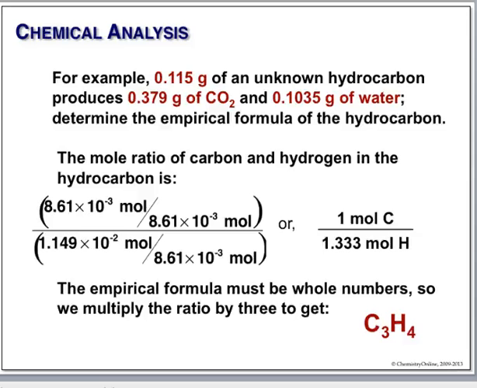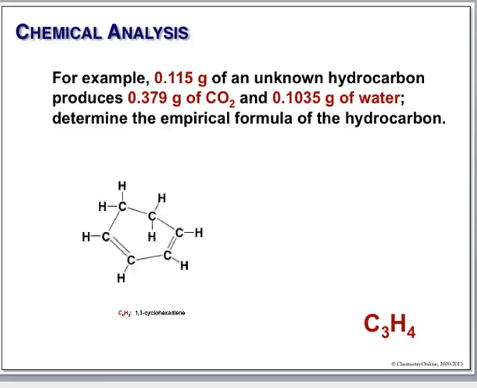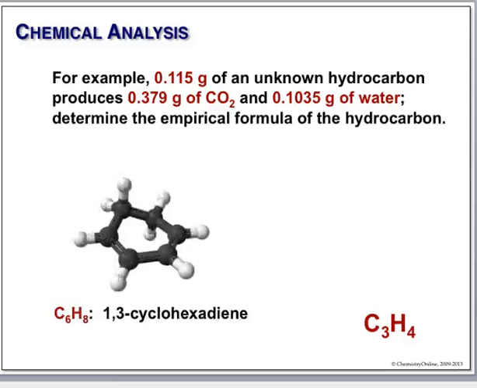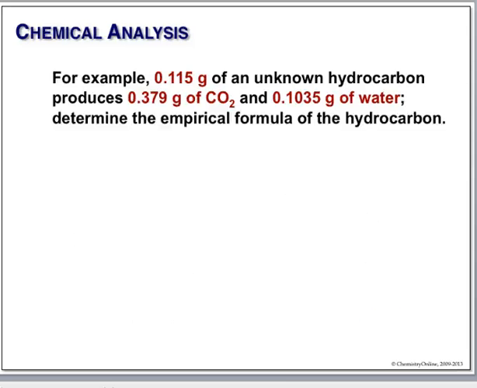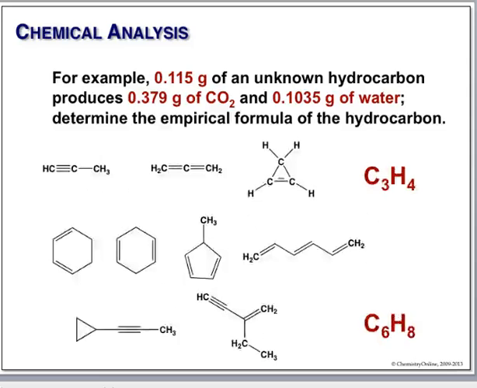Now when I wrote this problem, I actually wrote it for 1,3-cyclohexadiene. 6-membered ring, 2 double bonds, looks like this. Ball and stick, it would look like that. See the double bonds here, and this is space filling. However, because this is just an empirical formula, the analysis also fits all of these guys.